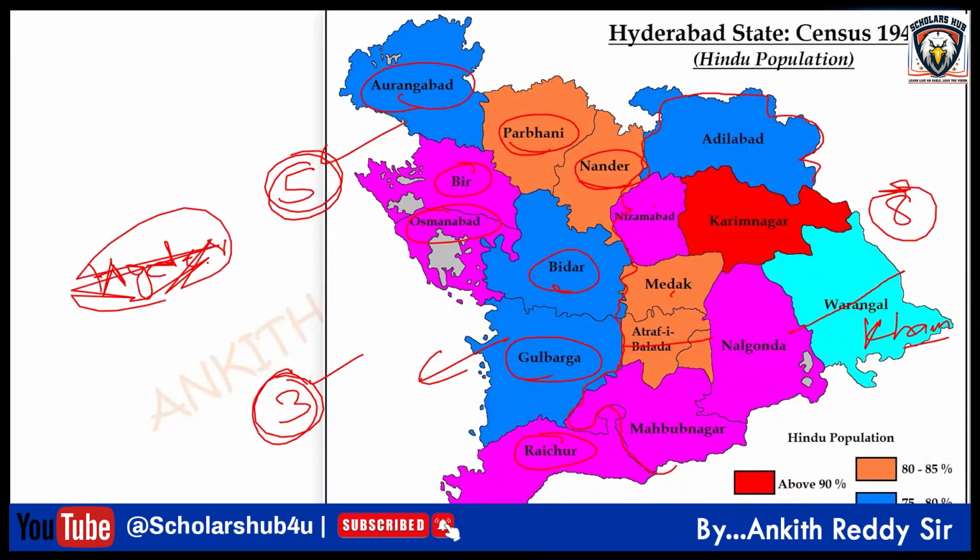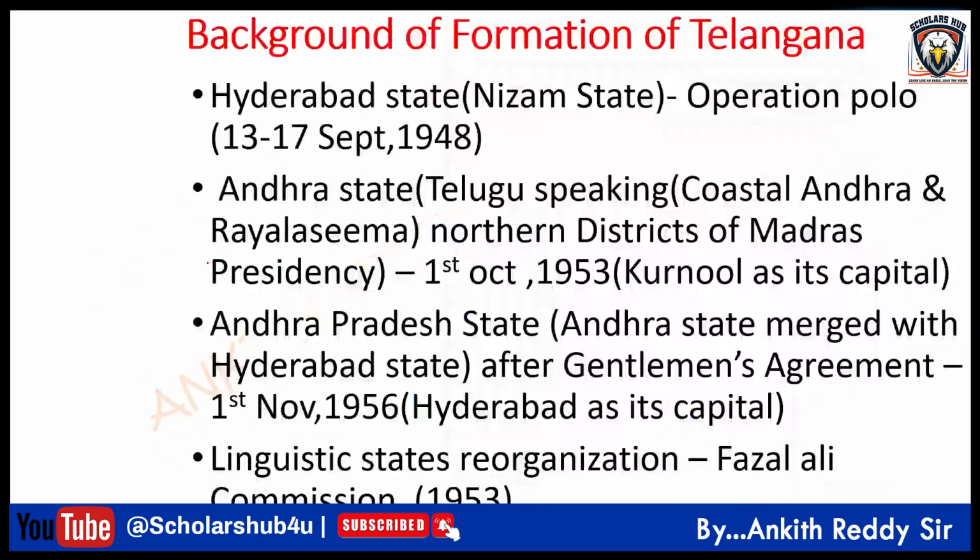Until when? September 17, 1948. Okay, Mir Usman Ali Khan actually tried to keep Hyderabad neutral. It would not have any external relations with other countries. So they signed a treaty with India.